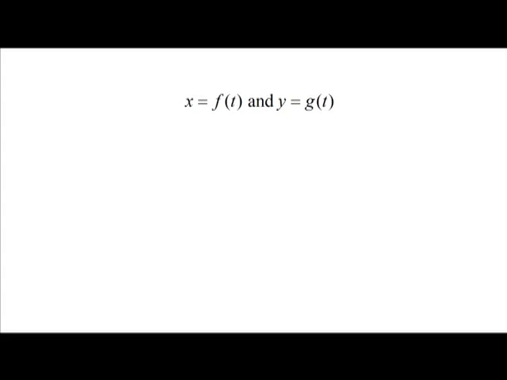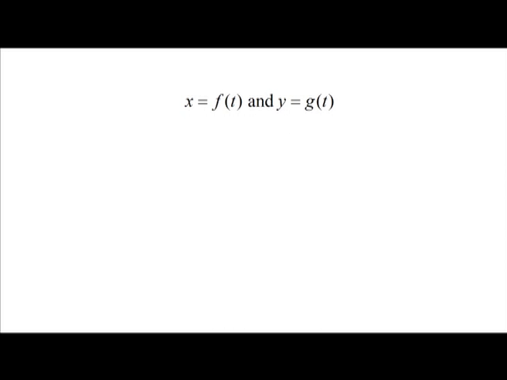Now, we are going to express the path of the movement of the ant by expressing both x and y coordinates as functions of time t. This is by describing the path with a pair of equations x is equal to f of t and y is equal to g of t.